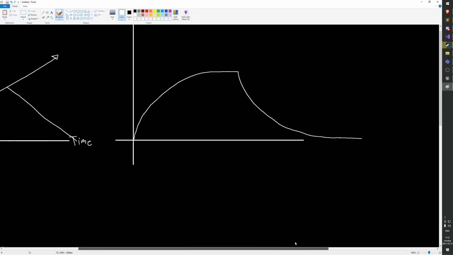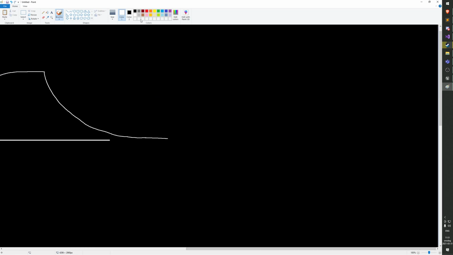So if we have our car, right? So here's our car. That's a good looking car. And this is the forward vector. So if we have a velocity going this way, then we want to split this into two parts.